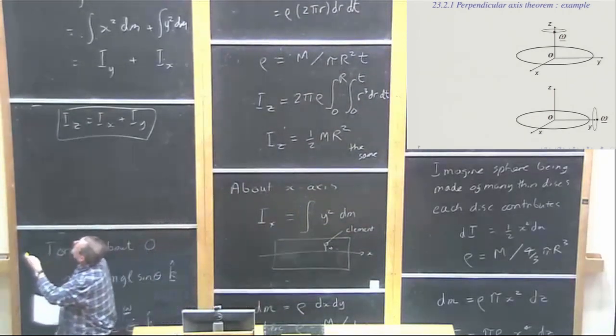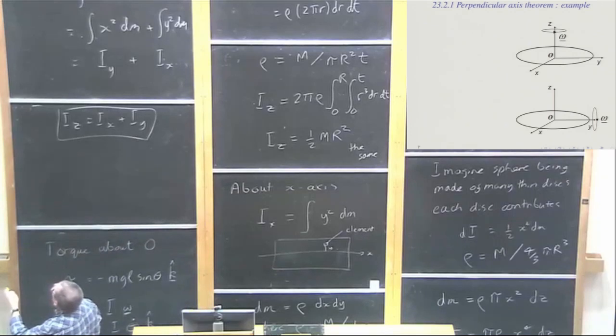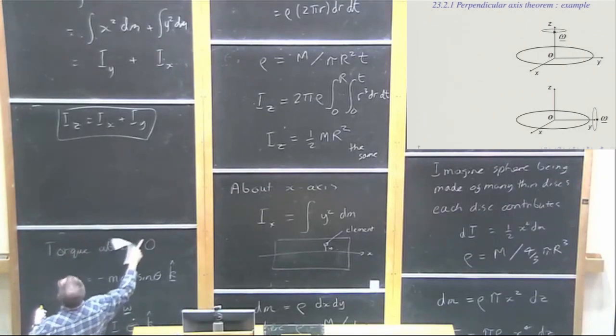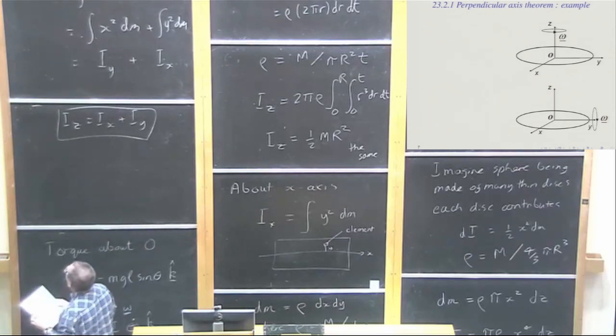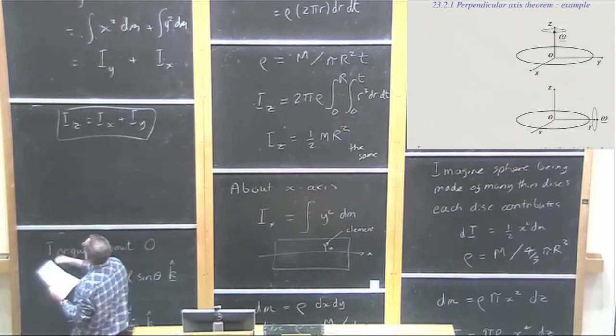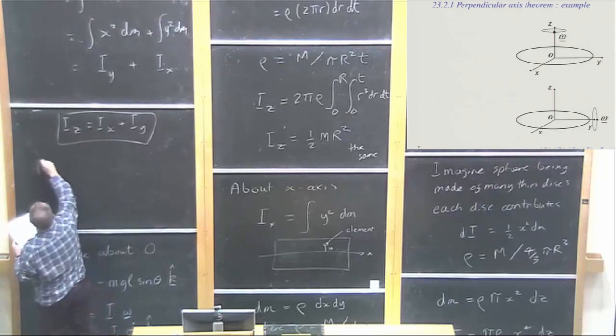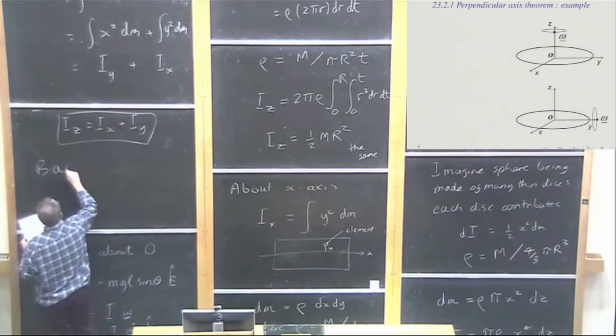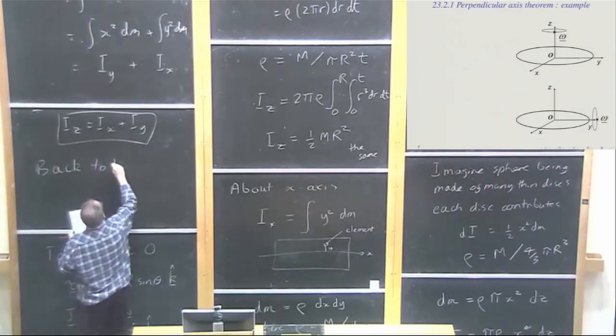But now we can ask ourselves, what is the moment of inertia around this axis or this axis? To calculate these in that manner would be possible, but a bit fiddly. We don't need to do that because we can make use of this great new theorem. So back to the thin disk.